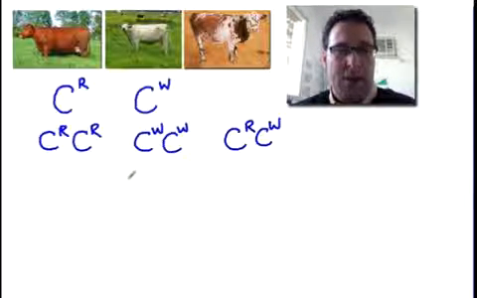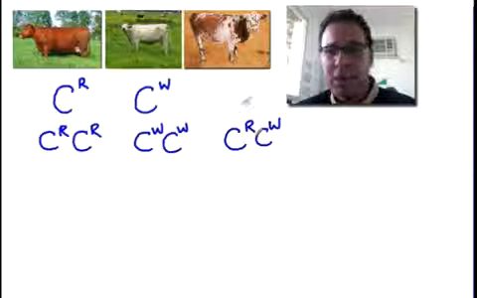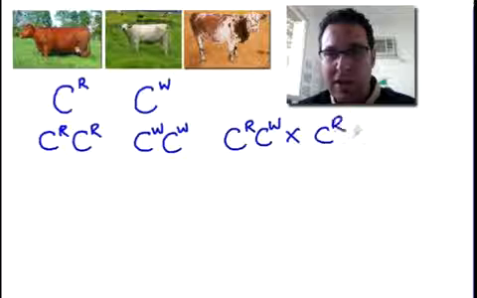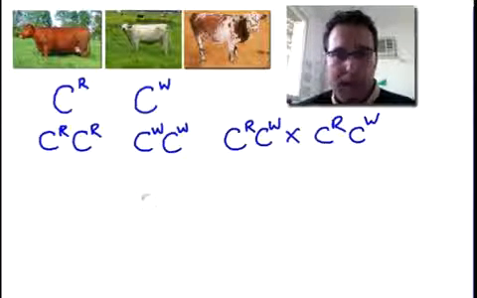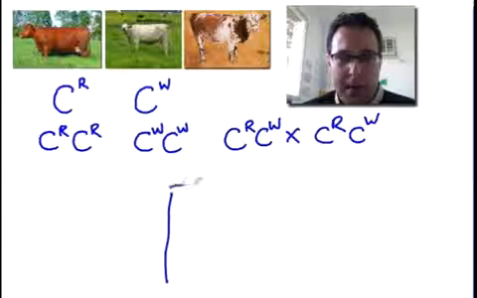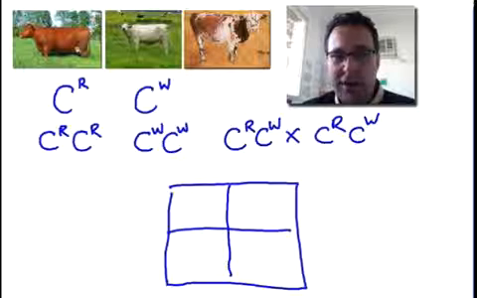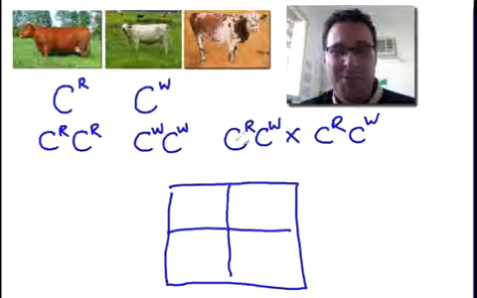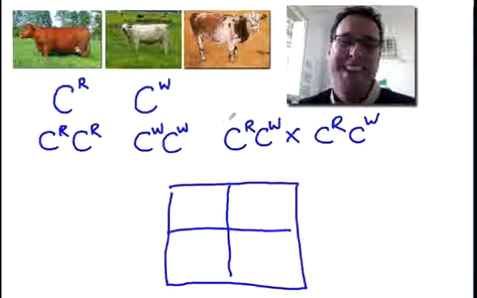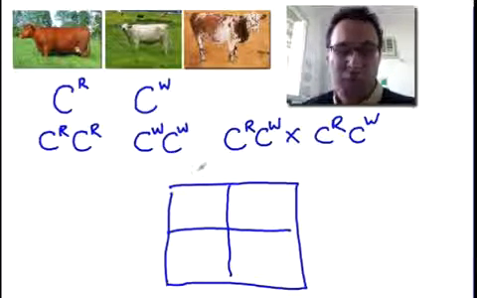Anyway, let's say we cross two roan cows, so we're going to cross this cow with another roan cow. We would do the same as what we've done in the past. Nothing different here. We're just going to draw ourselves a Punnett square. We're going to ask what kinds of gametes, what kinds of sperm and eggs, can this, I shouldn't refer to them both as cows, should I? What sperm can this bull produce?